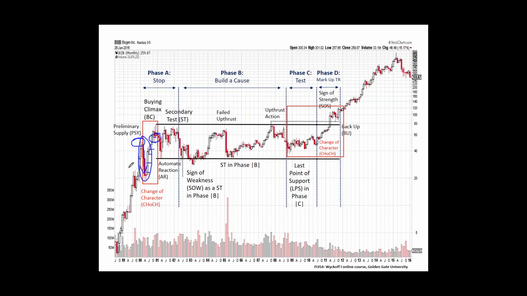So please note what happens here. If we are still holding the stock here and we observe a change of character, again, we don't have to get out of this position right away. Our exit could be at a better price on the way up, and then we can go into our stop in action and the building of the cause.